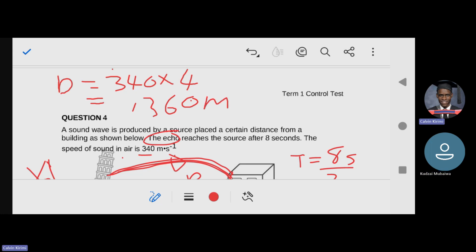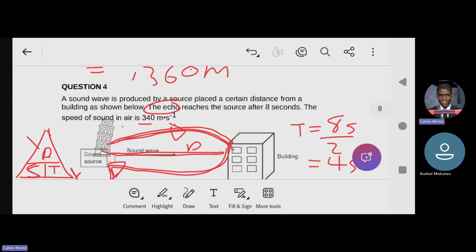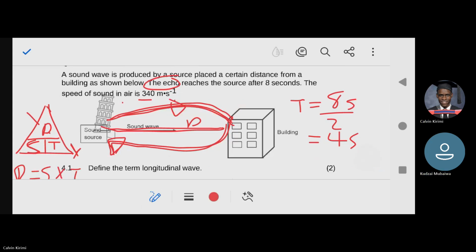That is the distance between the source and the what? The source and the building, not the source and the echo. Yes. The reason of the echo means the time taken for the sound to go to the building and the time taken for the sound to come back from the building.